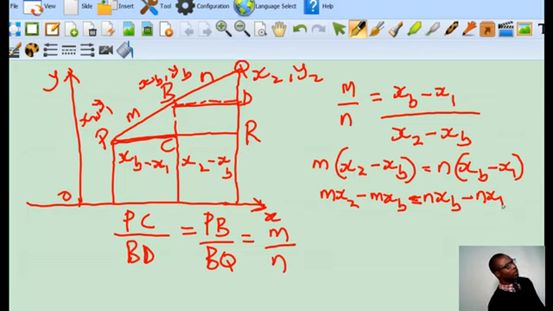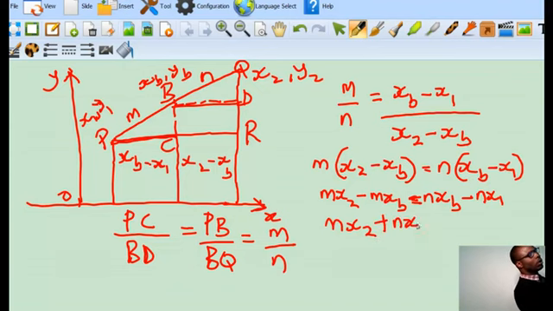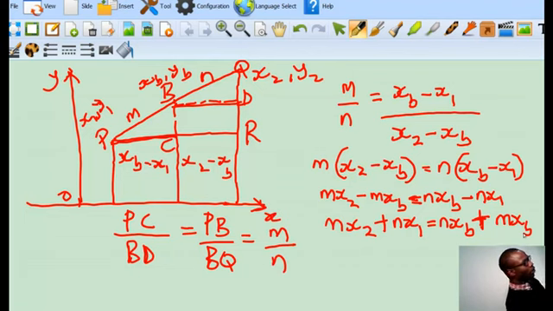Having this, you can also rearrange, bringing the like terms together. Now you can have something like this: m x2 plus n x1 equals n xb plus m xb.